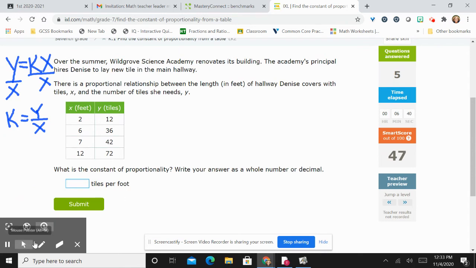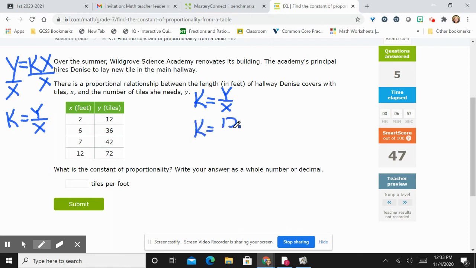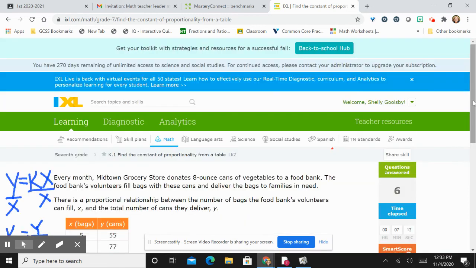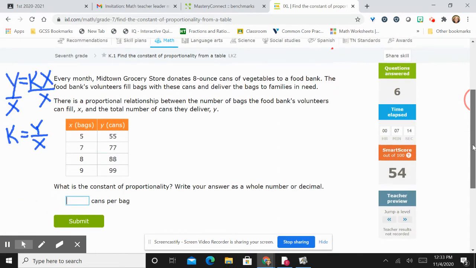Again, following K equals Y over X. K equals Y being 12 over 2. What is 12 divided by 2? Yep, 6. 6 times 6 is 36. 7 times 6 is 42. 12 times 6 is 72. So 6 is the constant of proportionality. That's the number that keeps getting repeated.